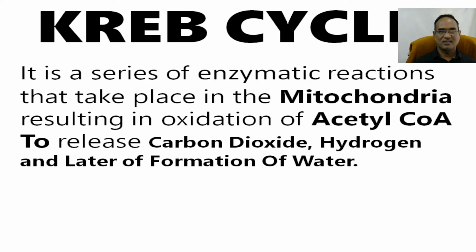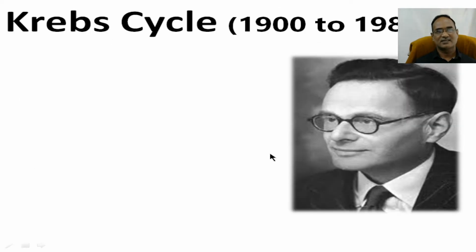So here there is a question: why is it called the Krebs cycle? Krebs is the name of the person who discovered this process, working from the 19th century to 1981, spending his whole life isolating and discovering this process, which happens in the cellular activity.